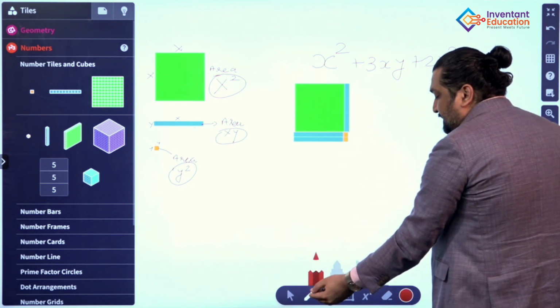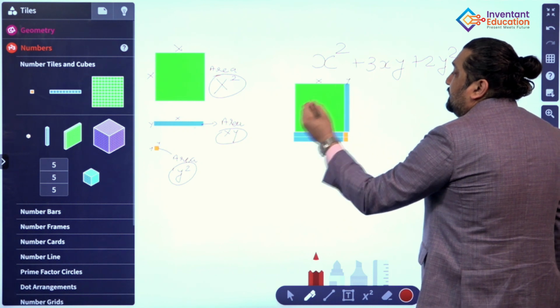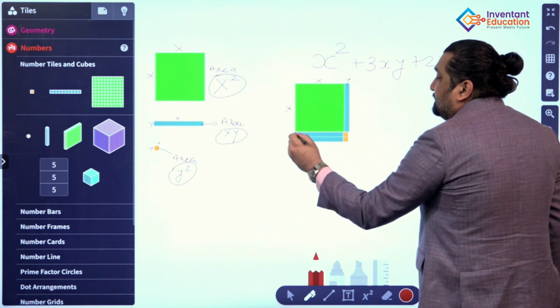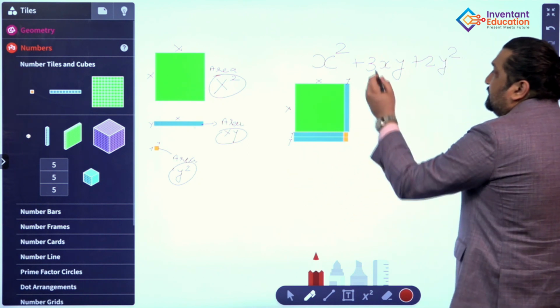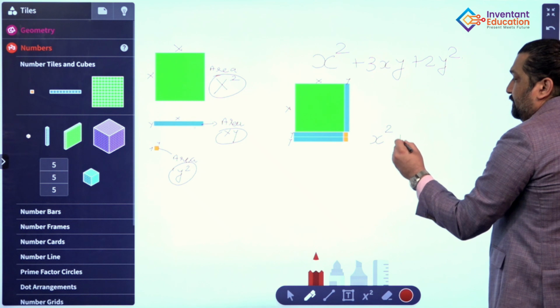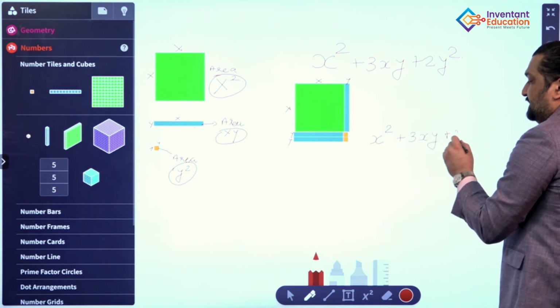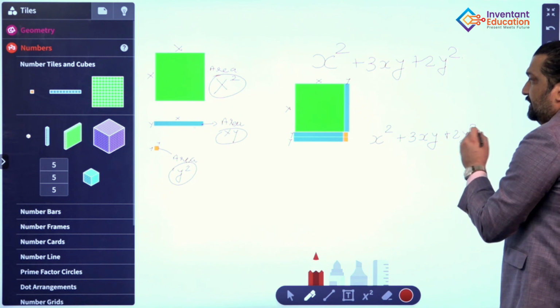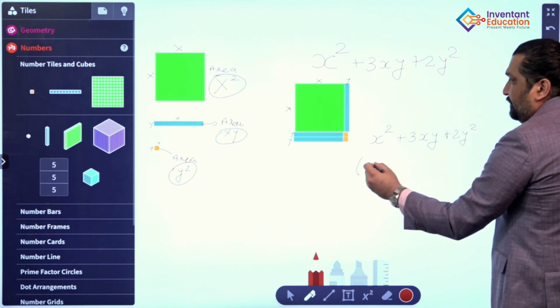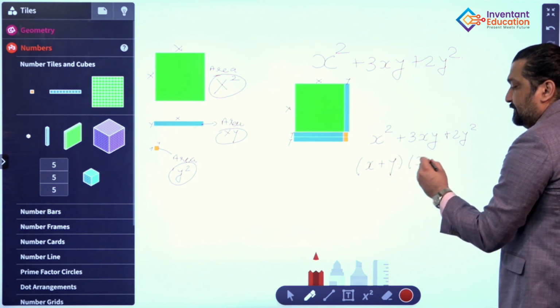Now if we consider the sides, this side will be x plus y and this side will be x plus 2 times y. So the factorization of x square plus 3xy plus 2y square is the product of x plus y and x plus 2y.